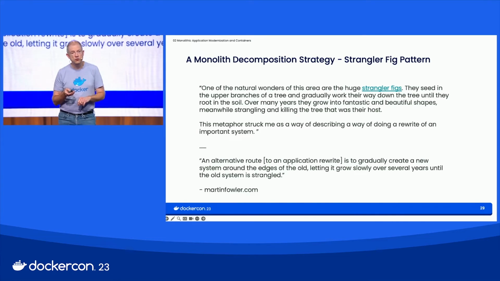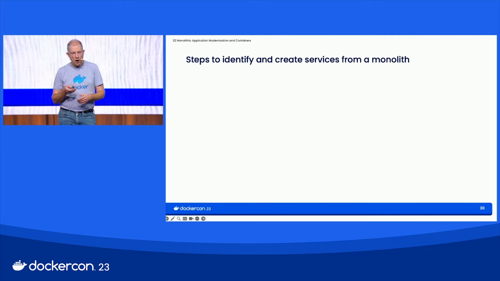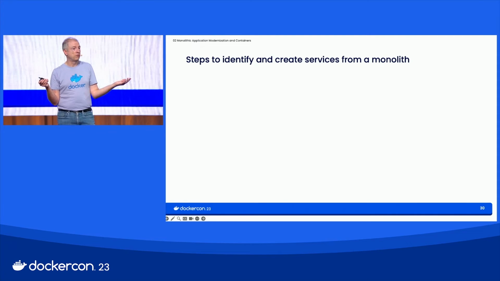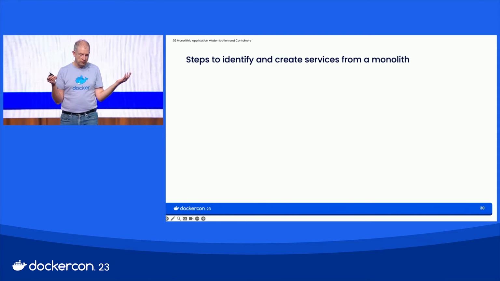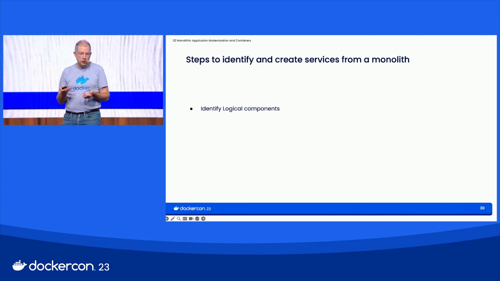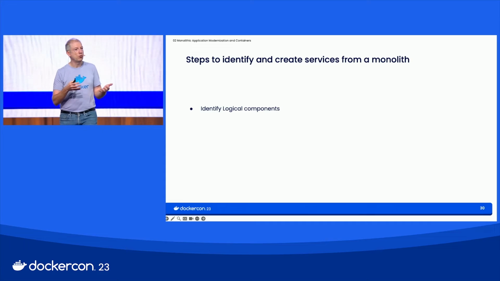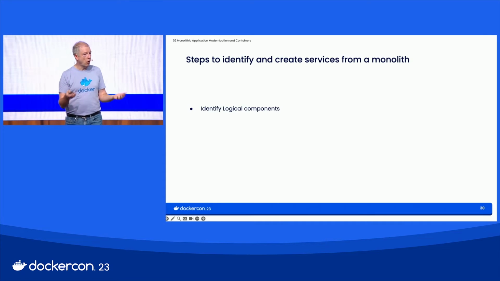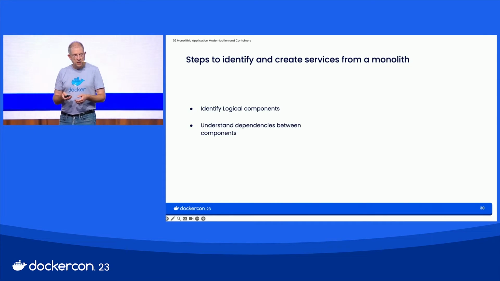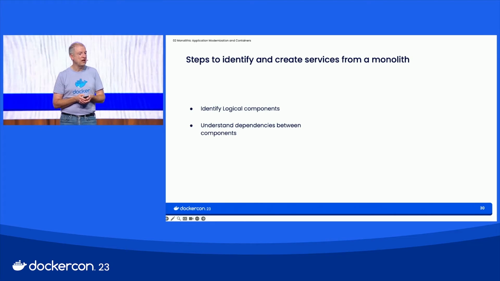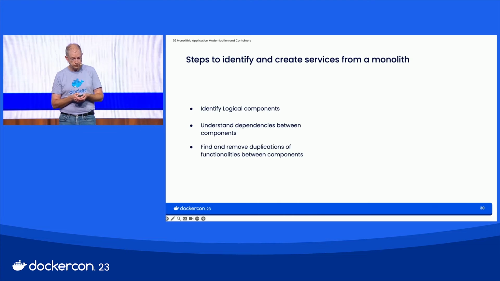decompose monoliths into services. All right, so we need to identify and create the services from a monolith. First thing we're going to do is identify logical components. What is a grouping within this particular application that makes logical sense? Then we're going to understand the dependencies between those components. How tightly coupled are they? If they are tightly coupled, is there a way to change it to be loosely coupled?